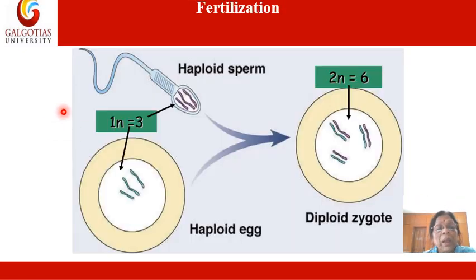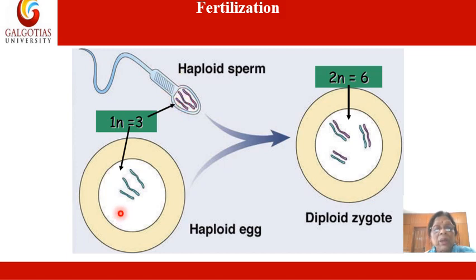Now, this is the diagrammatic presentation showing fertilization. This is the egg cell having the haploid number, and this is the sperm, which is also having the haploid number.